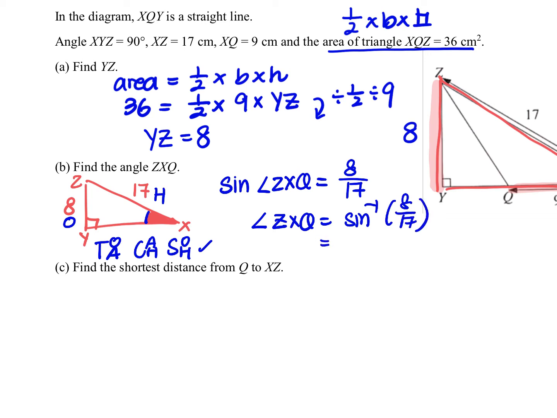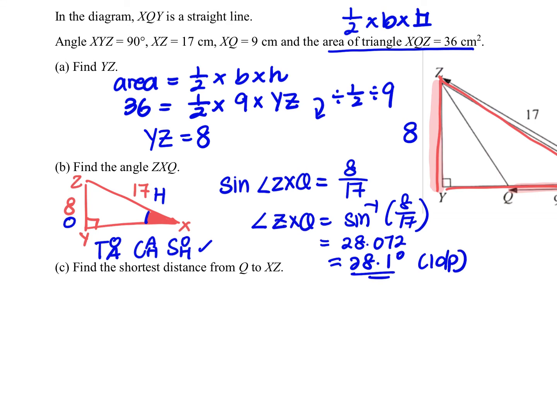Make sure your calculator is in the correct mode. Shift sine 8 over 17. Now, the final answer for the angle will be in 1 decimal place. So 28.1 degrees, 1 dp.